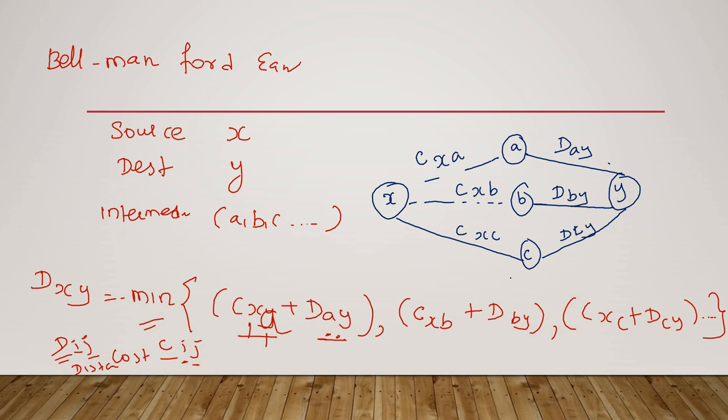We find all three, and among the three the minimum path is enabled and updated in your distance vector routing table. This is the working principle of our Bellman-Ford equation.